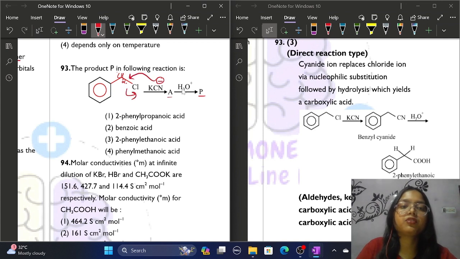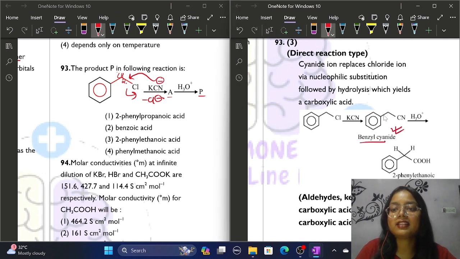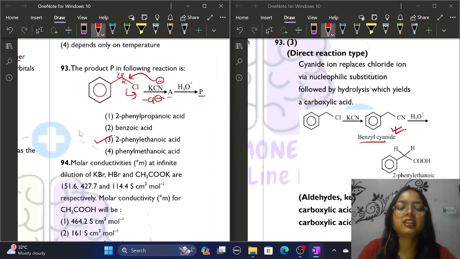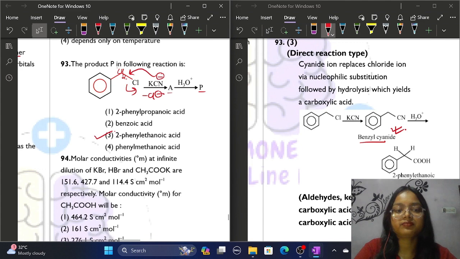It will remove the chloride ion from here, okay, and get attached here. So benzyl cyanide is the product A here, and which on reaction with H3O plus, 2-phenyl ethanoic acid is produced. So 2-phenyl ethanoic acid is the correct option.